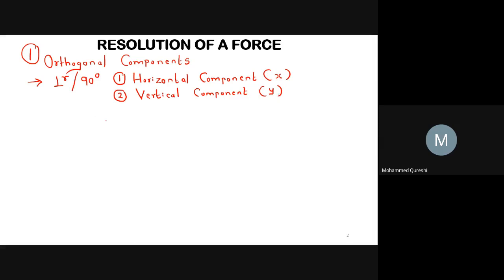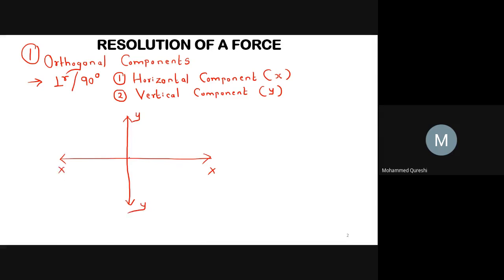So let us take an example for this. Suppose this is your x-axis and this is your y-axis.